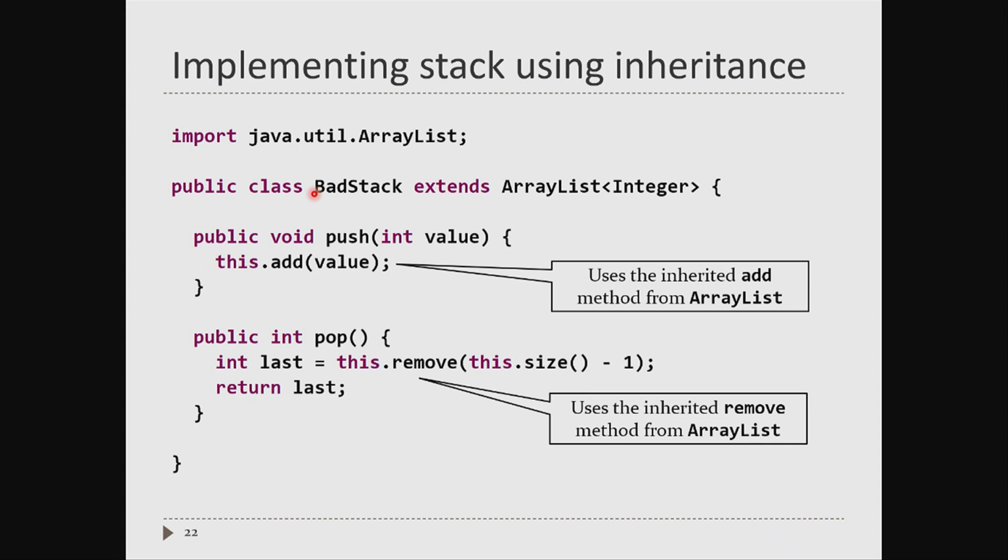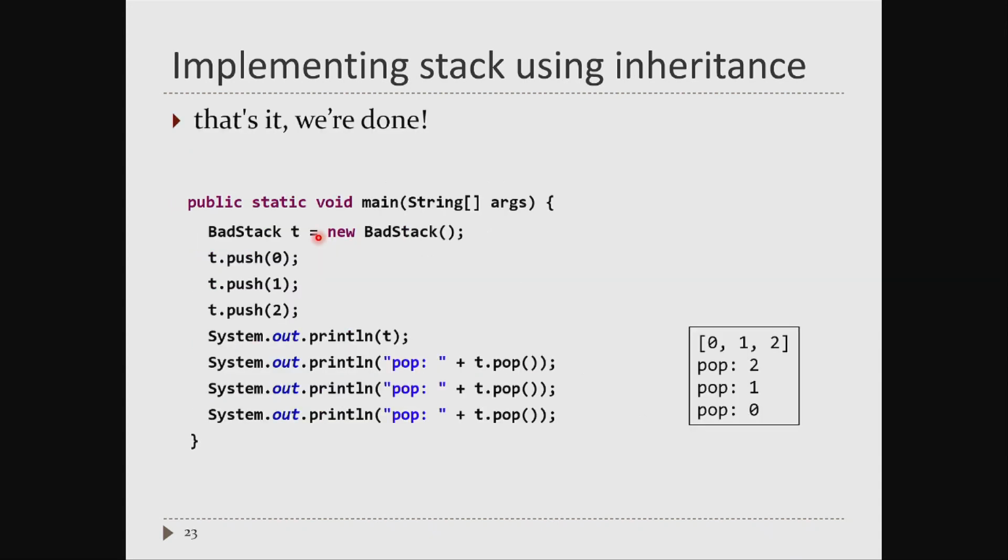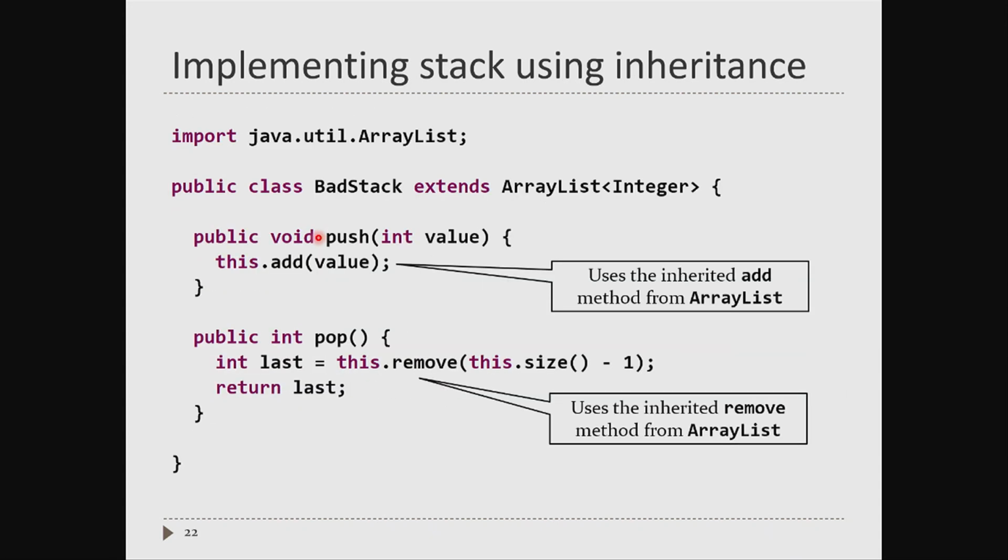You don't have to redefine any constructors because the normal array list constructors work just fine. If I say BadStack b = new BadStack, it turns out that the compiler actually makes a constructor for you that works. So I don't even need to define a constructor here, which is the allure of using inheritance. It makes it really easy to create classes, but it also makes it really easy to create bad inheritance hierarchies.